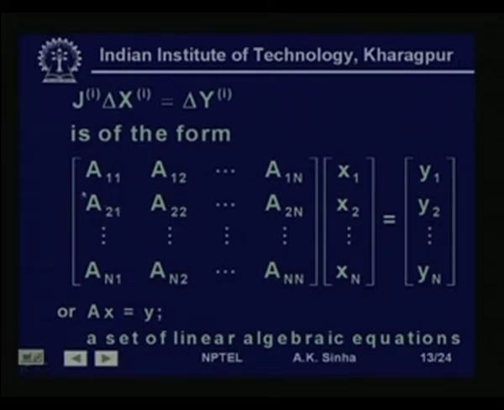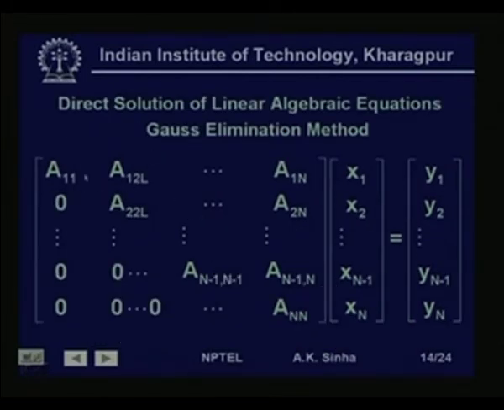So, all the elements A21 up to AN1, then A32 up to AN2, and so on, all these will be made 0. If we can do that, then we get an upper triangular matrix as shown here, where all the elements below the diagonal are 0.